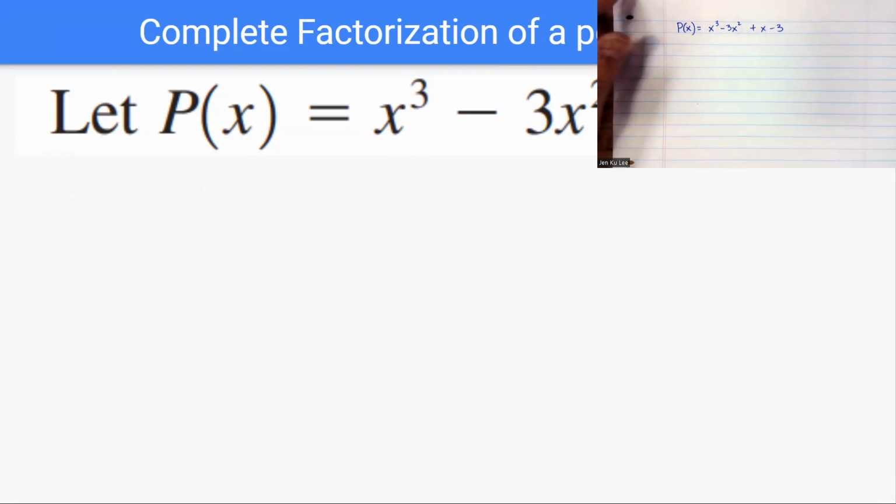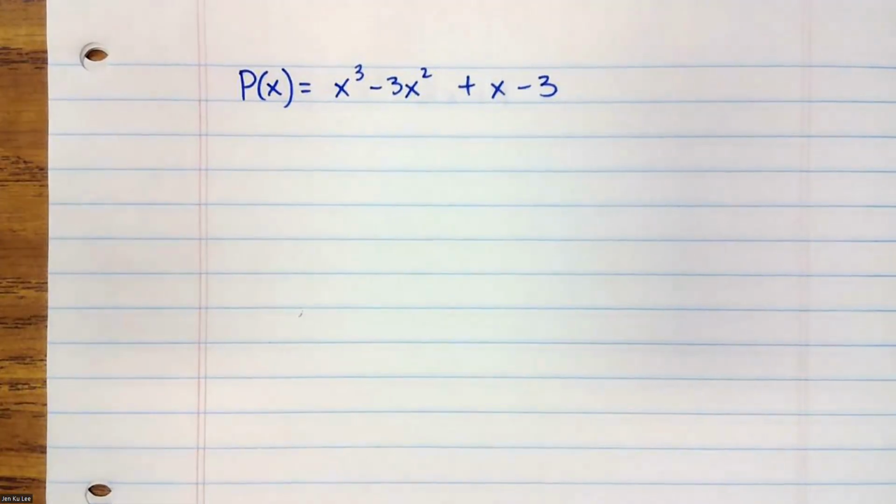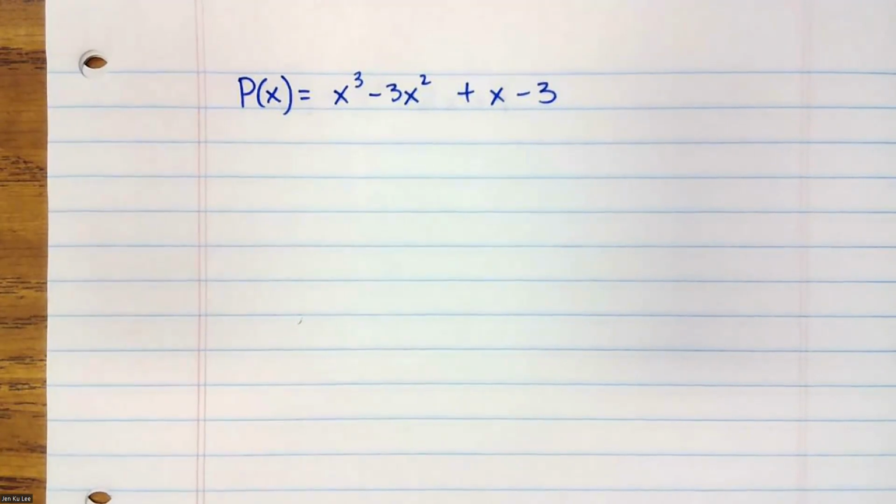So I'm going to stop my share. And here is the first problem that we're going to do. Okay, it's P of x equals x cubed minus 3x squared plus x minus 3. All right.